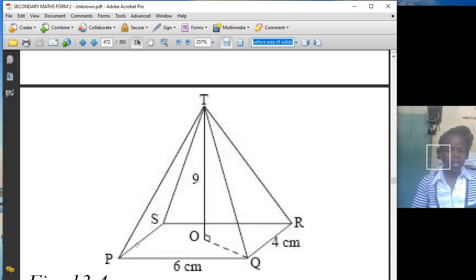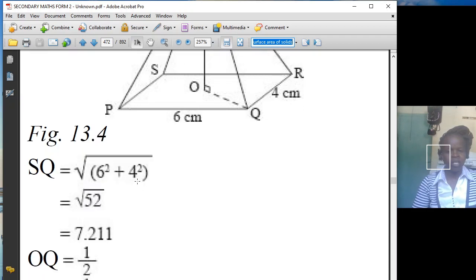Like at P, angle SPQ is 90 degrees. So you can calculate SQ, which acts as the hypotenuse of that triangle. PS is 4, PQ is 6. 4 squared plus 6 squared, you find the square root, it will give you SQ.